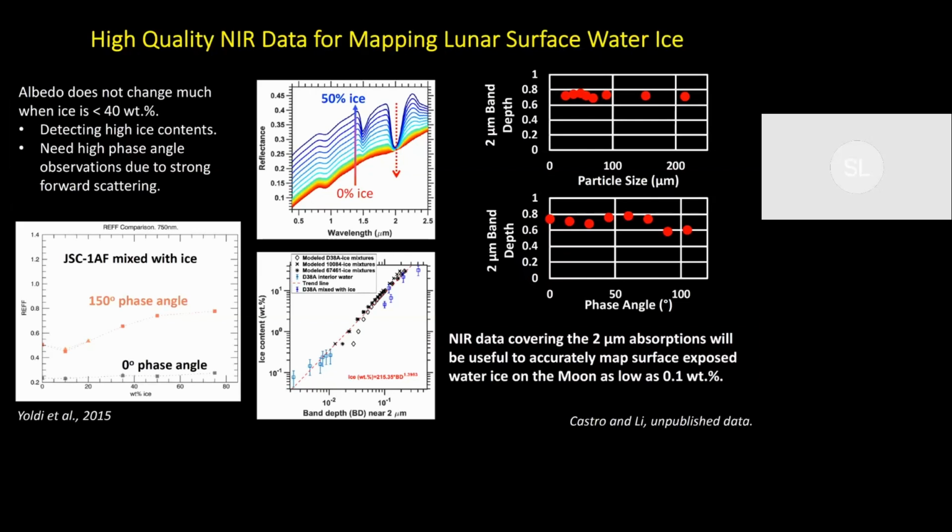That's applicable to the lunar surface. And also the 2 micron band depth doesn't change much with phase angle, from very low, 0 phase, to over 100 degrees. So high quality near-infrared data covering the 2 micron absorption feature will be great to accurately map the surface exposed water ice on the moon as low as 0.1%, as long as you have high quality data. Next slide, please.